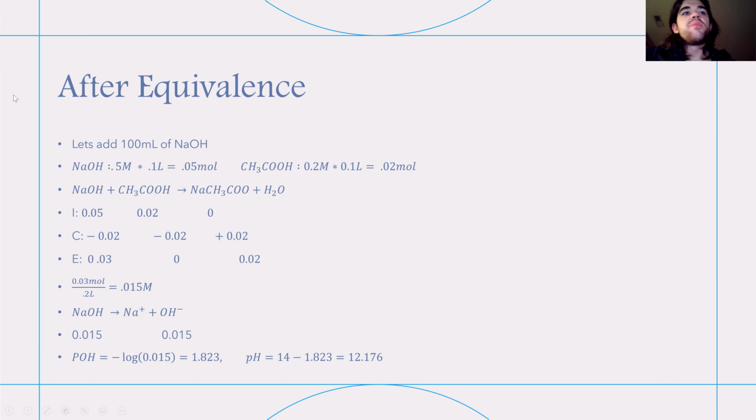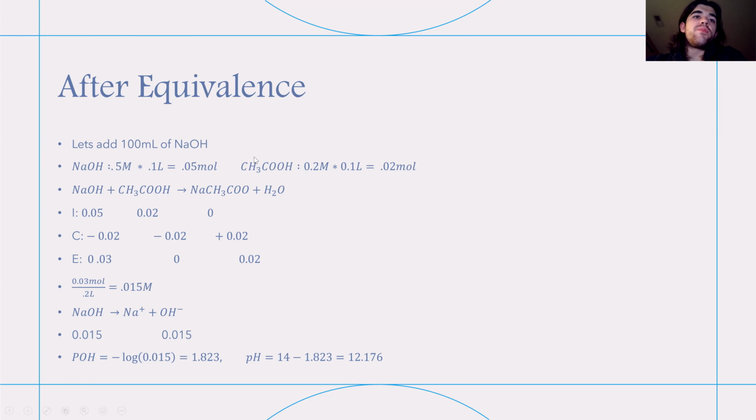So we know our sodium hydroxide is 0.5 molar. We're taking 0.1 liters of it. So that's 0.05 moles. Now, we take our acetic acid. We only have 0.1 liters of it, and it's 0.2 molar. So once again, we have 0.02 moles. We have 0.05 moles over here.